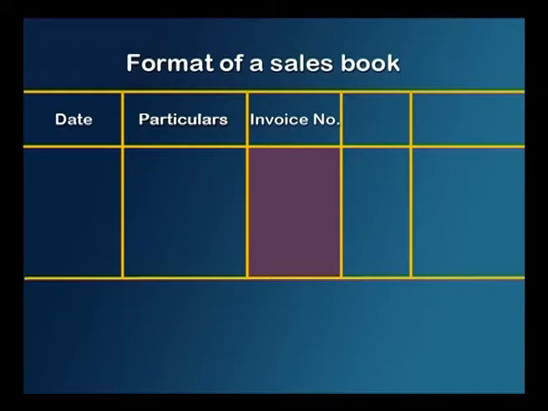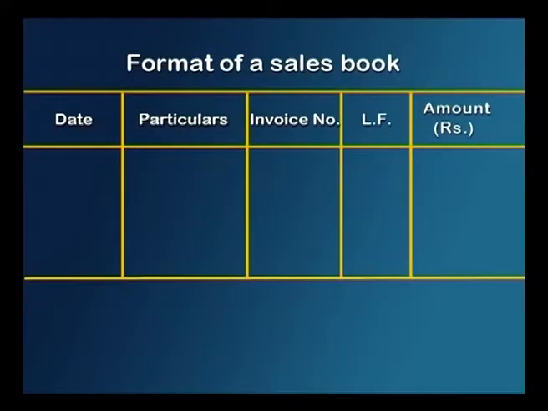This invoice is also known as outward invoice, as it represents the outward movement, that is sale of goods. The next column, the ledger folio column, records the corresponding page number of the ledger where the sales account appears. The last column, the amount column, shows the amount of sales. This column exhibits the net value of the transaction after deducting trade discount, if any.